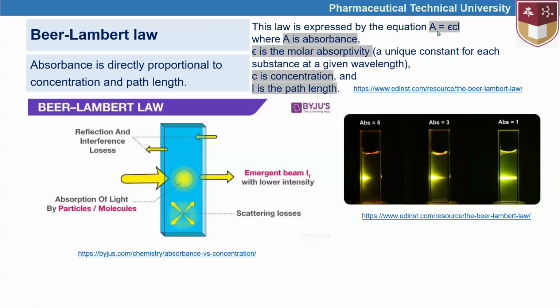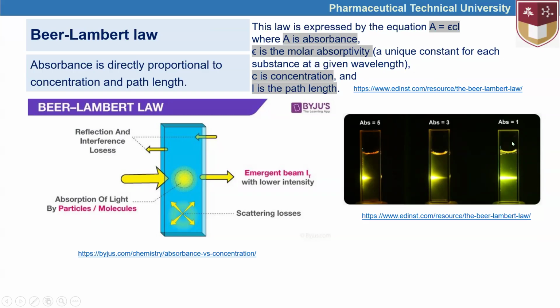A is absorbance of the light, E is the molar absorptivity. It's a constant for each substance at a given exact wavelength, and C is the concentration of that compound that develops some different colors, and L is the path length. Here it is the length of the cuvette.